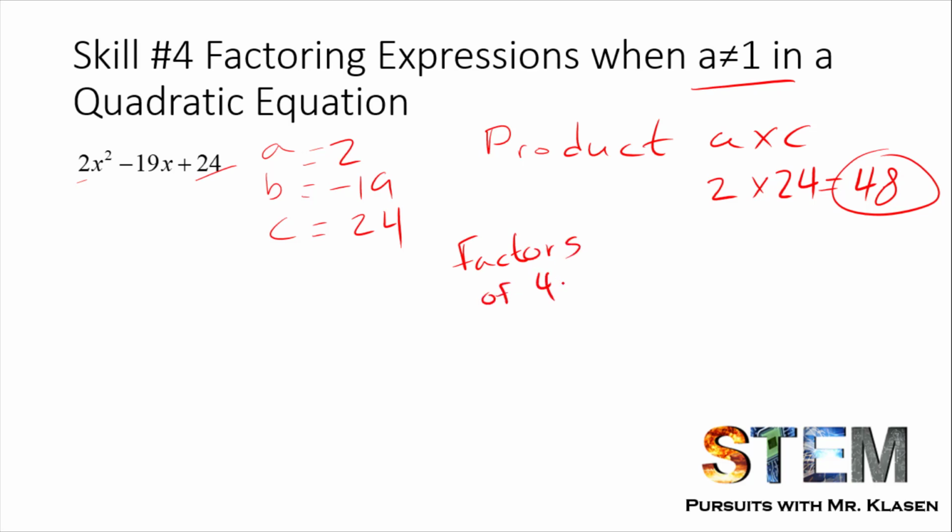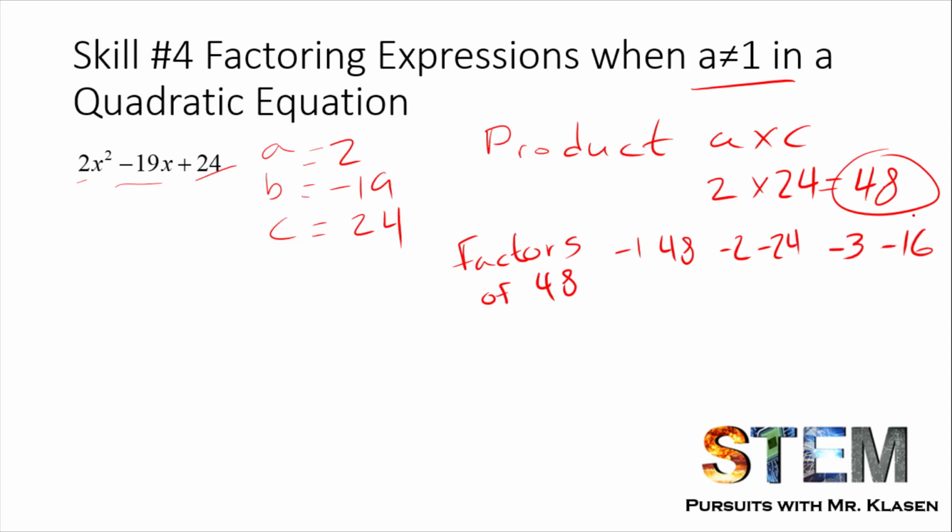Specifically, I'm only going to look for situations where the factors of 48 are negative numbers, because I see that my b term has a negative value. So for example, we could go negative 1 and negative 48. We can go negative 2 and negative 24. And we can go negative 3 and negative 16.